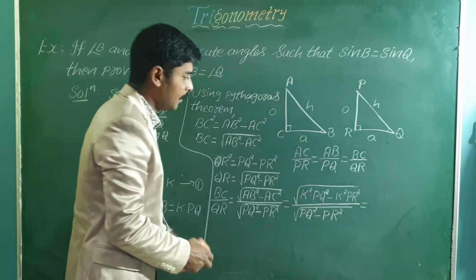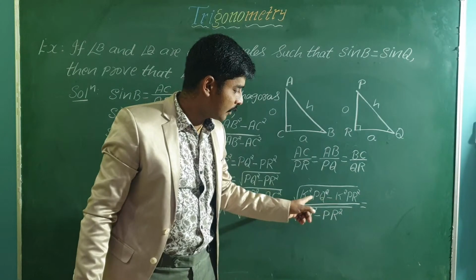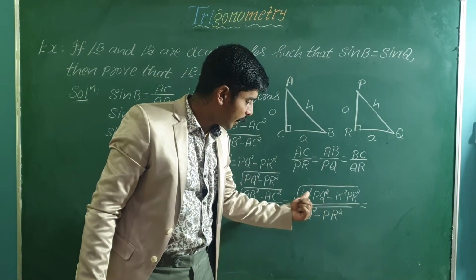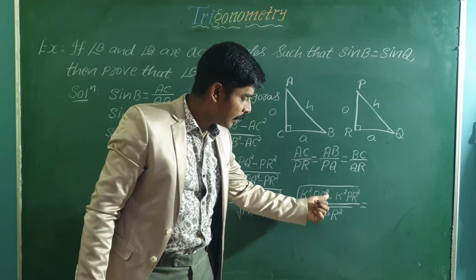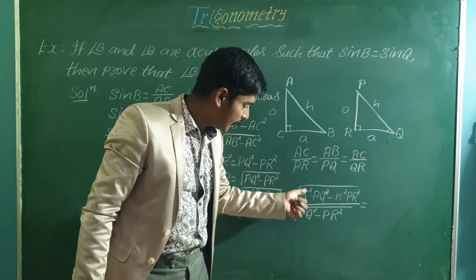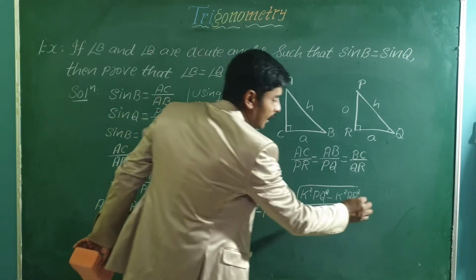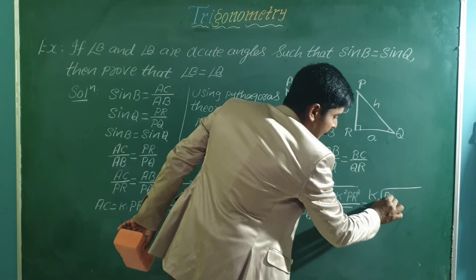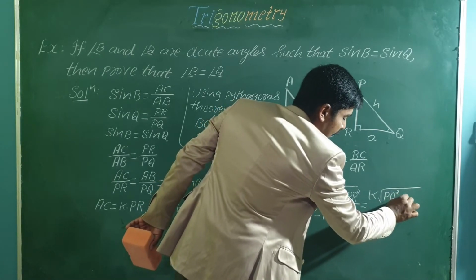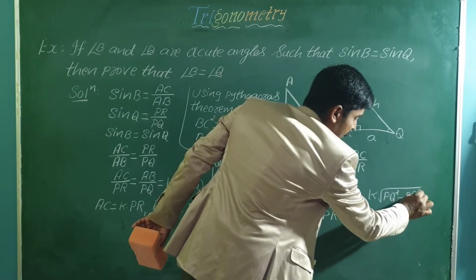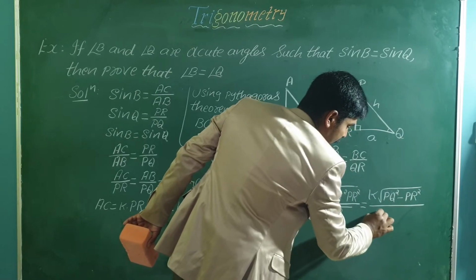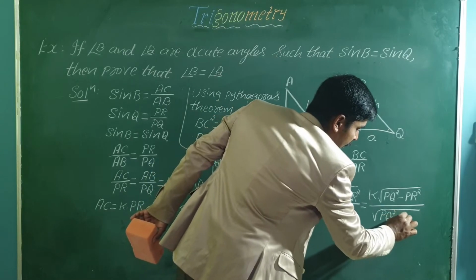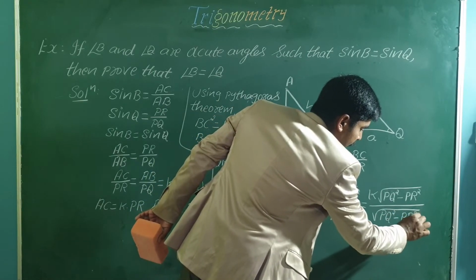Now K square is common in these two terms. So I will take K square common. So I get K square into PQ square minus PR square. And if I take K square outside the square root, I get K into square root of PQ square minus PR square divided by square root of PQ square minus PR square.